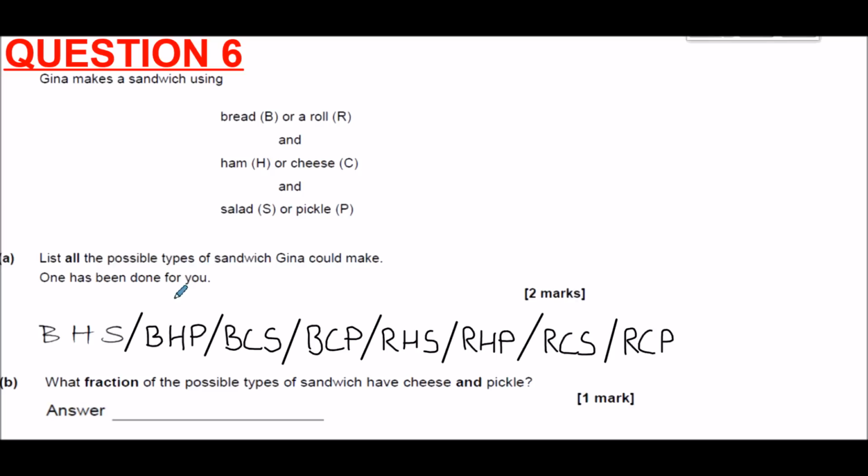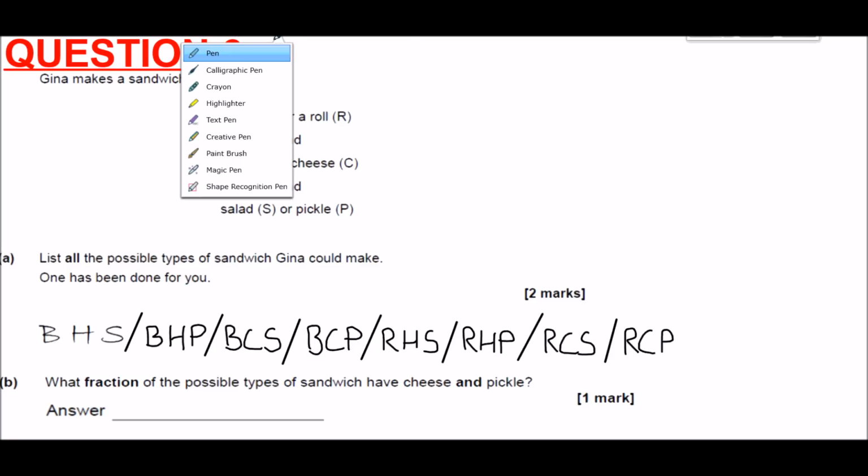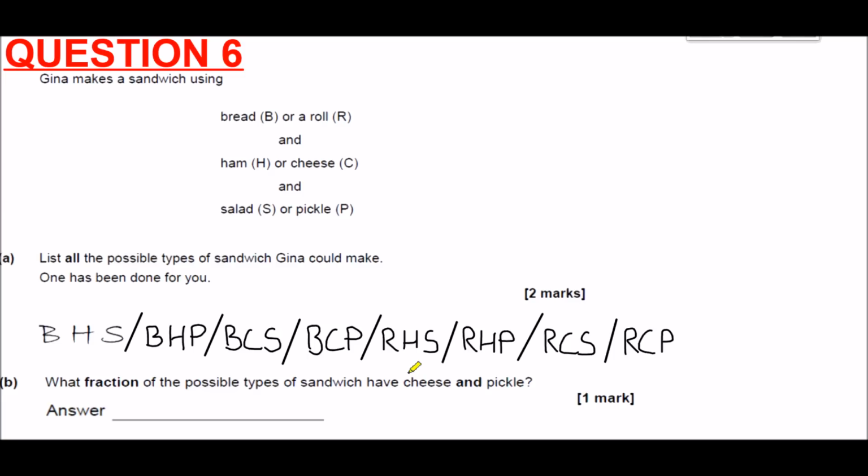So part B, it's asking what fraction of the possible types of sandwich have cheese and pickle. So let's just scout for cheese and pickle. Cheese and pickle means which ones have got C and P in them. That one does, and that one does.